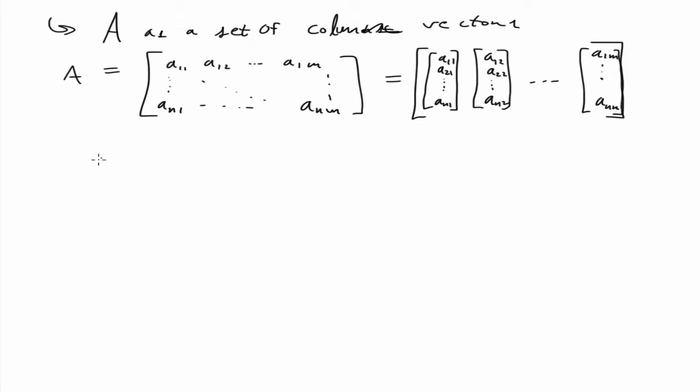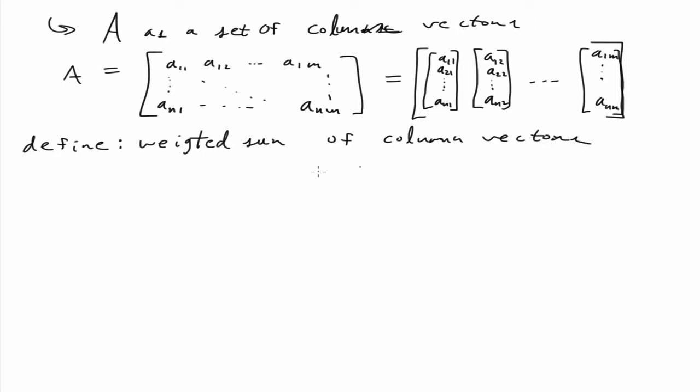Another way to think about it, and I want to define now, is what we call a weighted sum of column vectors. So here are our column vectors, and we have m of them.